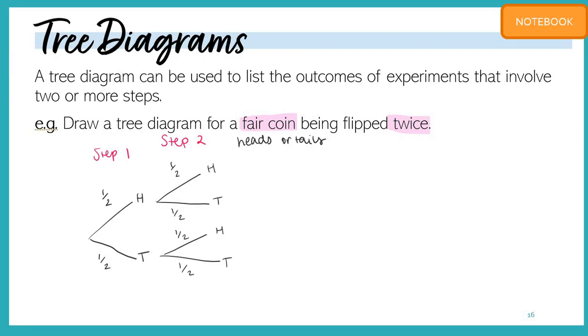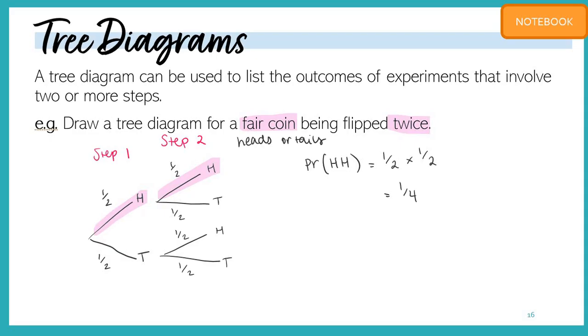And now the trick with tree diagrams is that to find the probability of something happening, we can multiply along the branches, right? So let's say I wanted the probability of getting a heads and then a heads. I'm going to follow this branch here, okay? And so to get that, I'm going to do 1/2 times 1/2, which is equal to 1/4.